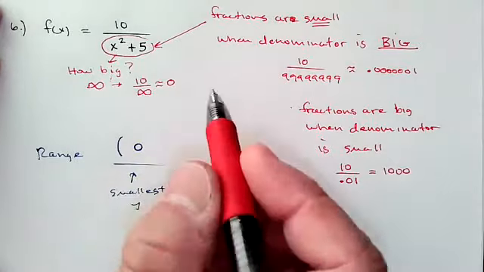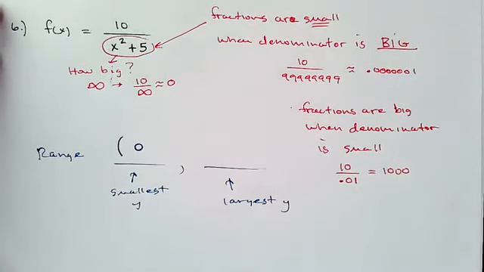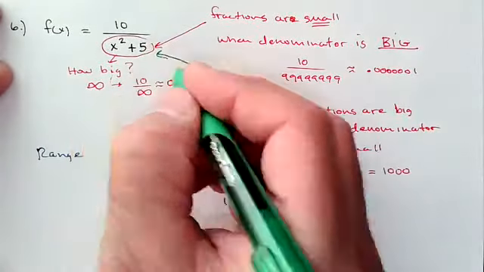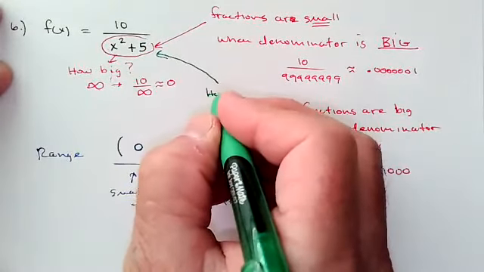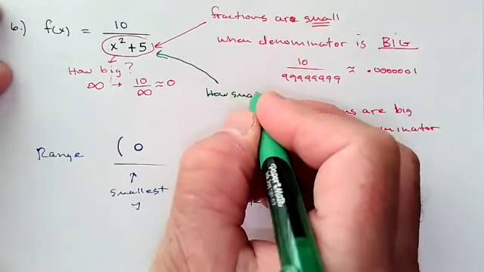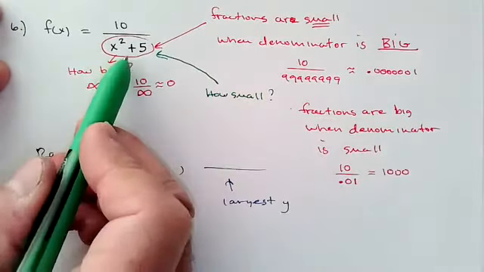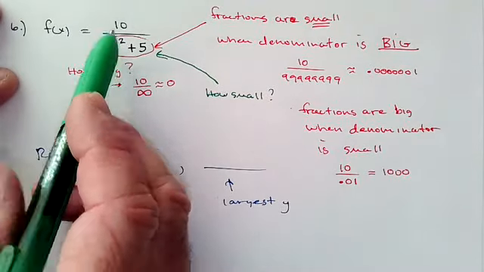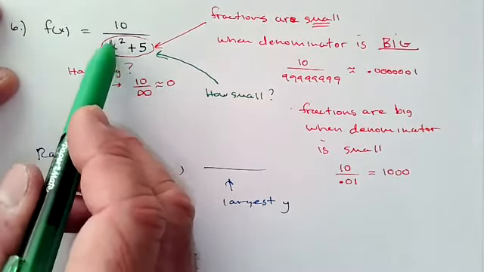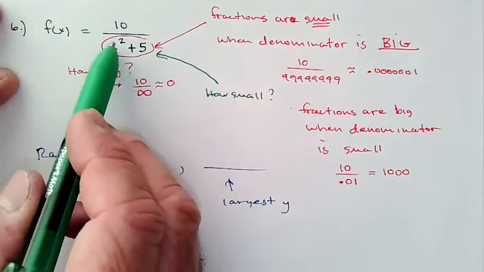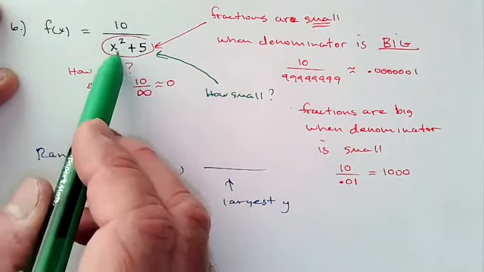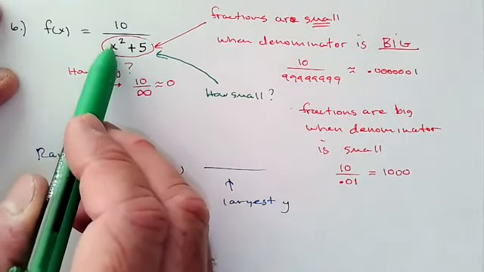So then I ask the opposite question. Maybe I should have, here, I know what I'll do. I'll do this in green. So then the question I ask is, how small can this denominator be? Well, similar to the previous one, x squared is always going to be positive or at the very least 0. So if I'm looking for how small that denominator could be, I would want to consider x being 0.